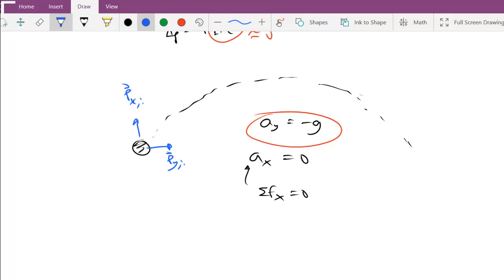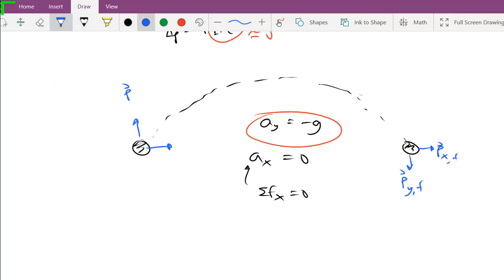In the final condition over here, when it lands, or right before it lands, then we also have momentum in the x direction, px final, and we have momentum in the y direction. This is simply the mass times velocity in that particular direction. Sorry about that.